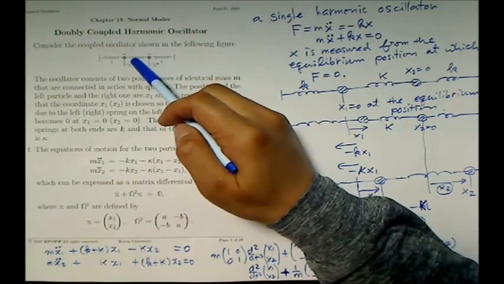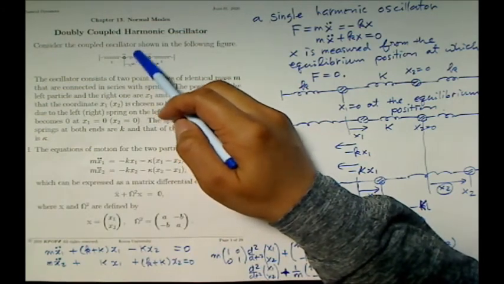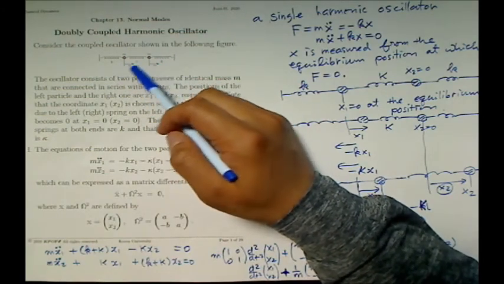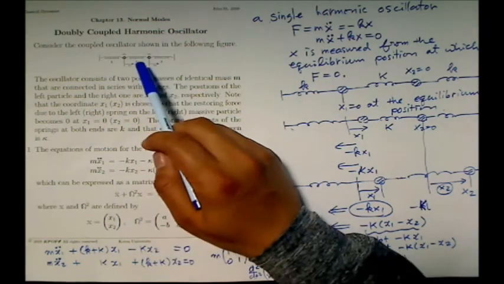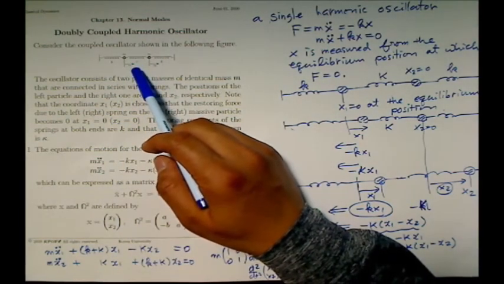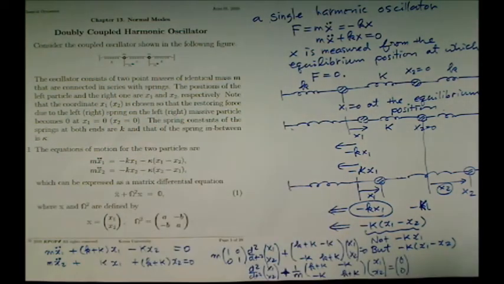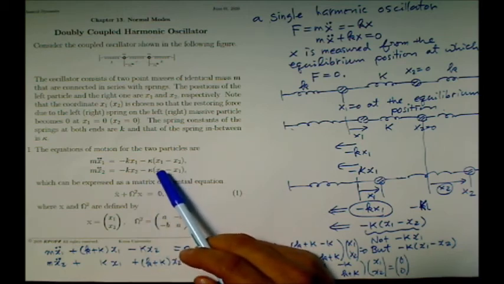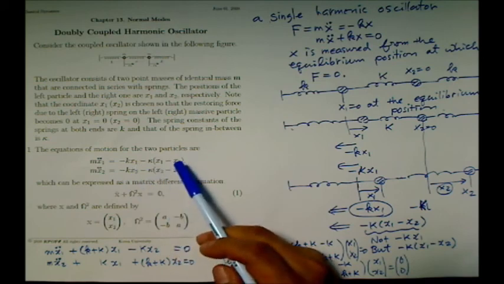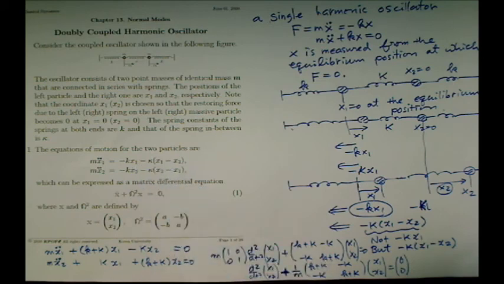Without the spring in the middle, the two massive particles oscillate completely independently. However, because of the spring in the middle with the spring constant kappa, the oscillations of the system are coupled. The resultant equation is a coupled differential equation. That means we cannot solve x1 and x2 independently.